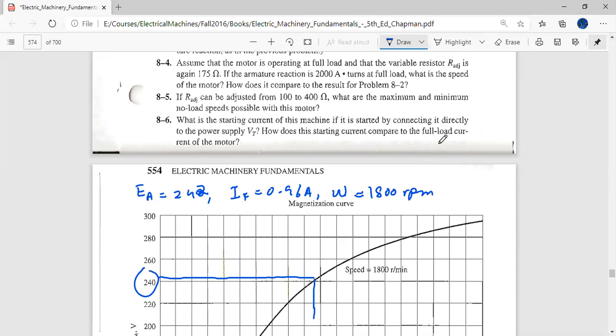And at our value of 240, what will be the new RPM? You can find it, it will be something very close to 1800 only. So at our new value of EA of 240 at the no load conditions, this value will come out to be something close to 1800, and I have with me 1790 RPM.